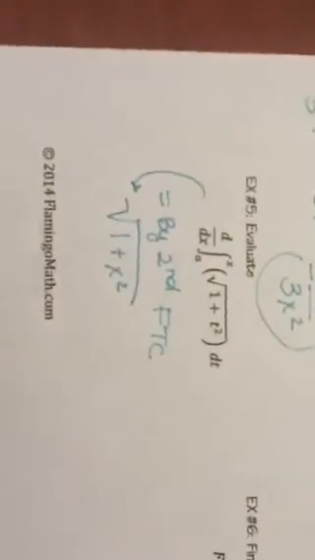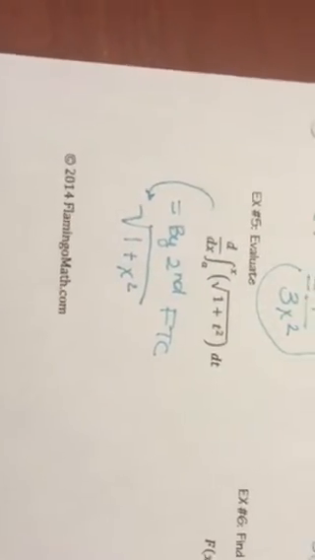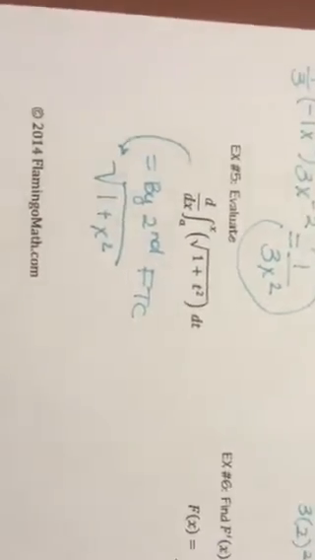Well, that's using second FTC. Then this would be just the square root of 1 plus x squared. Wouldn't have to integrate it, wouldn't have to take derivatives. That's simply what it would be.